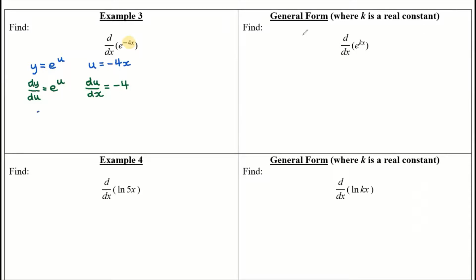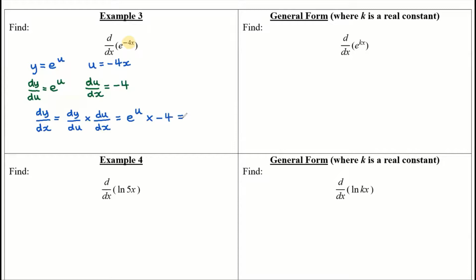So we get dy by dx is going to be dy by du multiplied by du by dx. All right. So dy by du, that is going to be e to the u multiplied by -4.